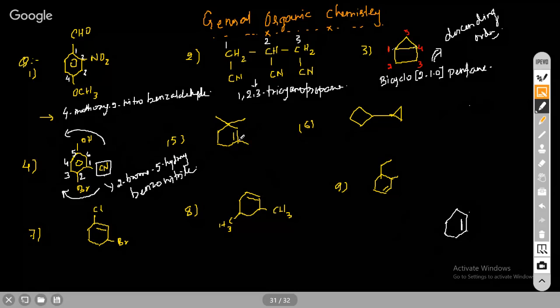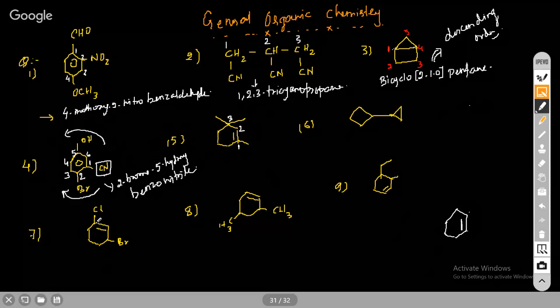Since here we have substituents present, out of these two carbon atoms we have to give first and second position. So this should be first and this should be second. Then it will be third. So 1, 3, 3 trimethyl cyclohexene. The name is correct. Okay, so this one you have done.